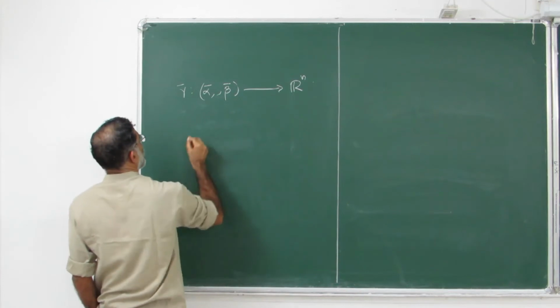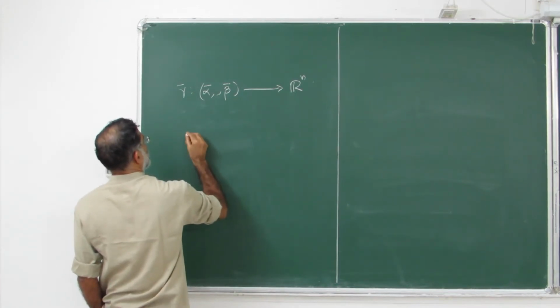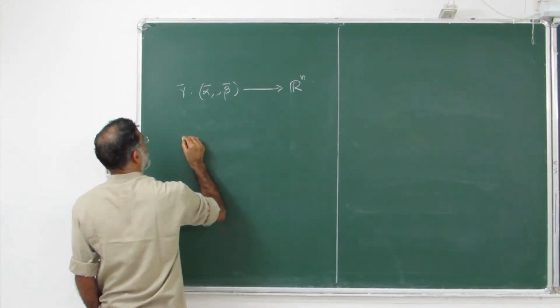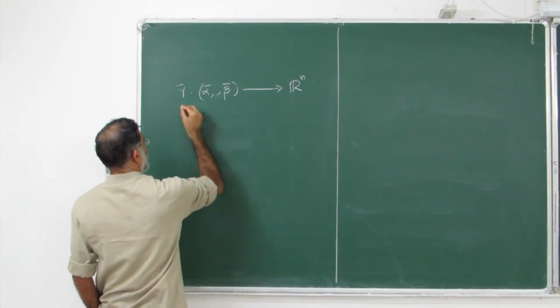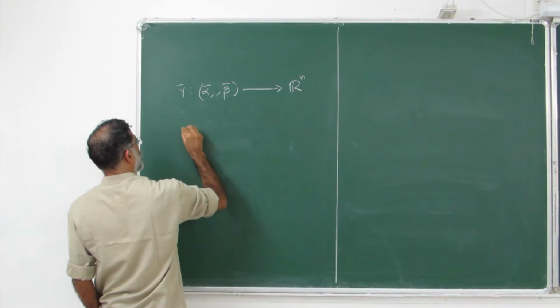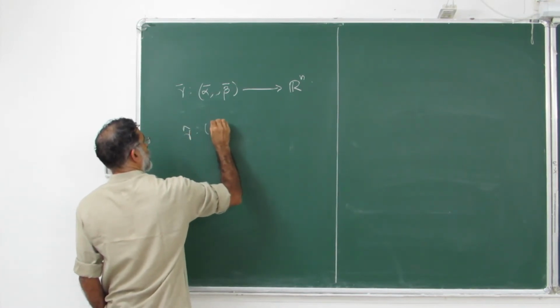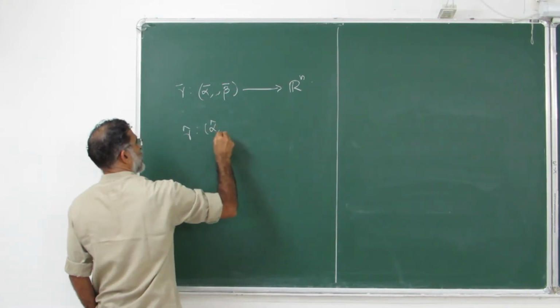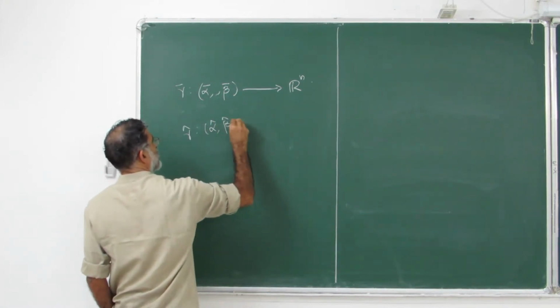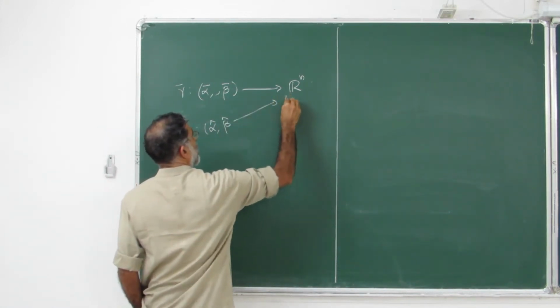Another is a unit speed parameterization. You take another reparameterization, which is also unit speed, gamma hat, from alpha hat, beta hat to Rn.